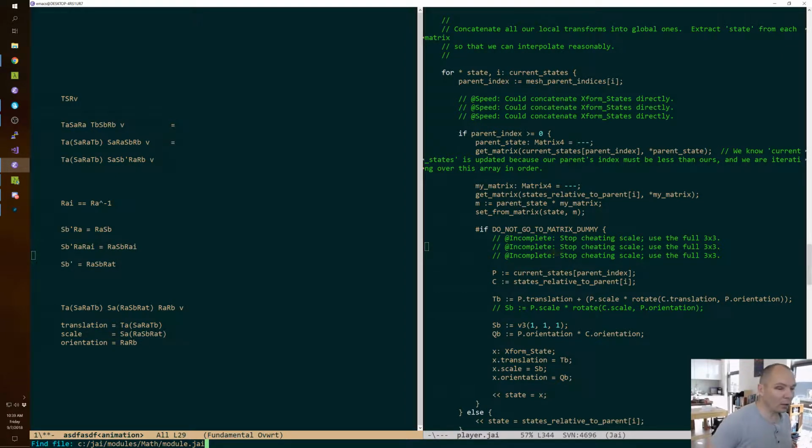Here's the funny thing: all the animation data that I showed you has identities there. Therefore, we don't really have good data for testing this end to end. So maybe after this code is done, I will have to ask the animator, hey, do you want to use some animated scale somewhere as a test animation?